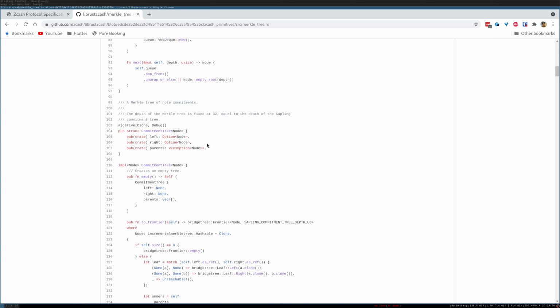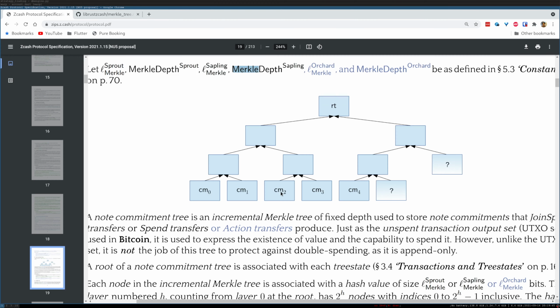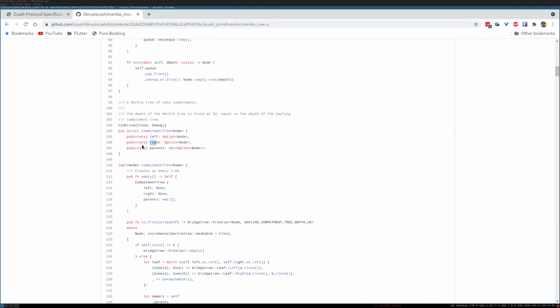But in Rust, it's safer to clearly distinguish between the value and the absence of a value. So left and right represent, for example, CM2 and CM3. And then a series of parents. So here you have a vector, and each element is either a node or nothing.